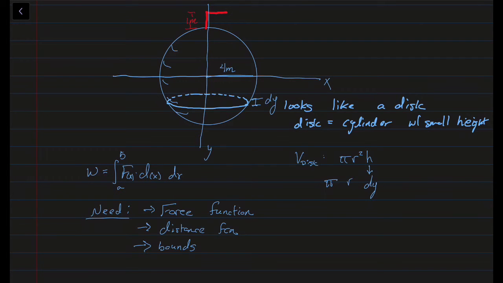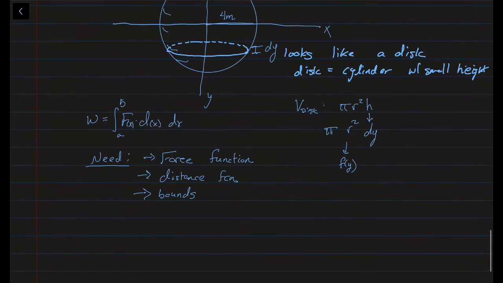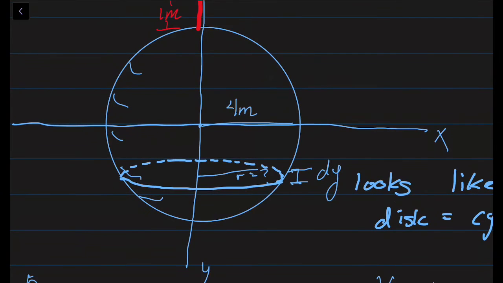So our h is dy, pi is still pi, and now we have to figure out what r squared is. Our r has to be some function of y, so we just need to know the radius at this slice. What is this radius?